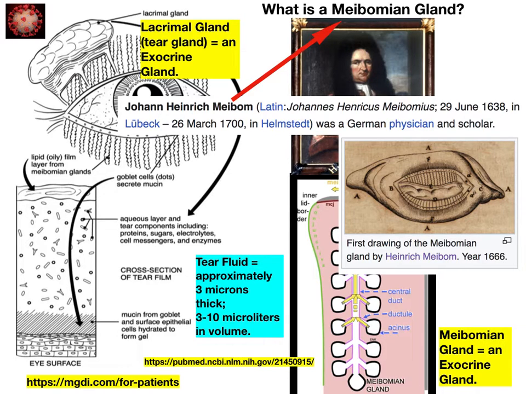And so scholars published utilizing Latinized versions of their name. So Johann Heinrich Meibom published as Johannes Heinricus Meibomius. So the term meibomian is a Latinized way of expressing an adjective, the gland of Meibom.